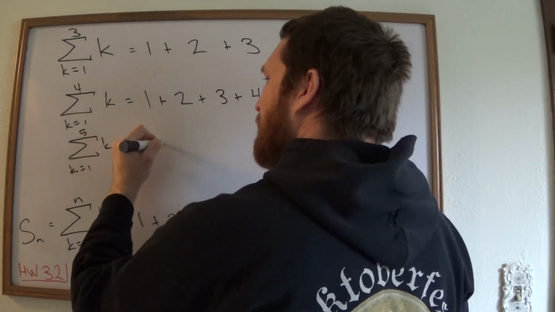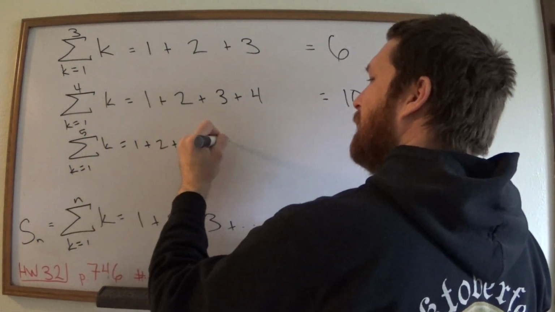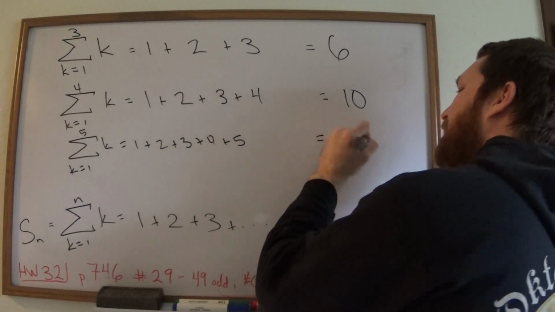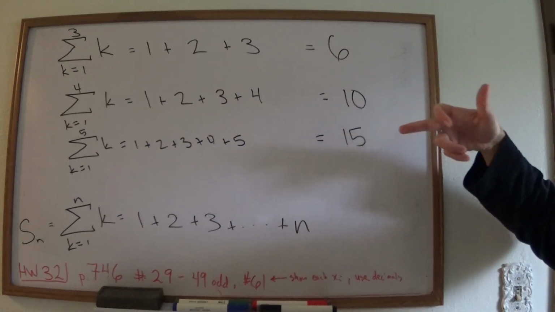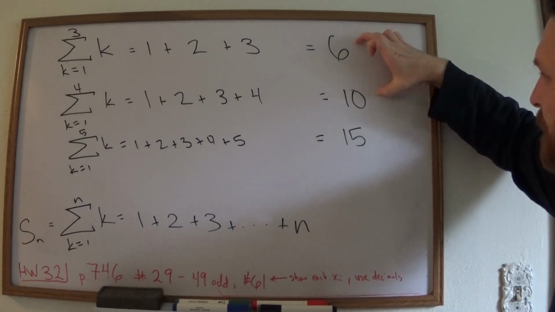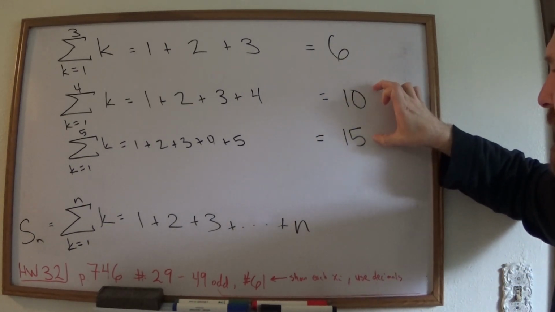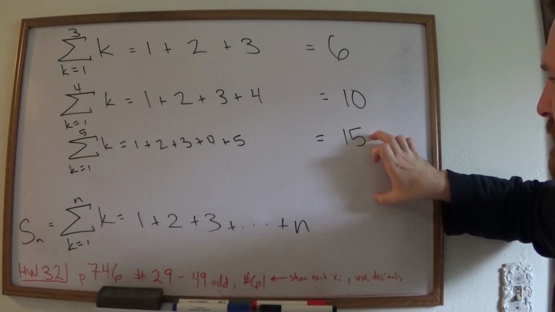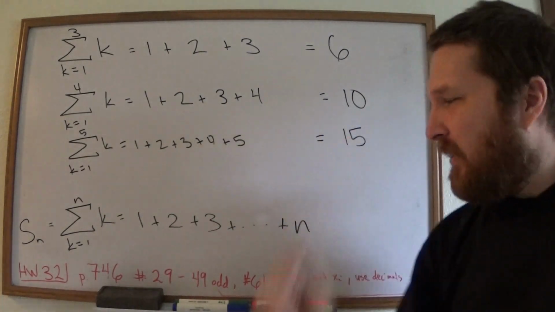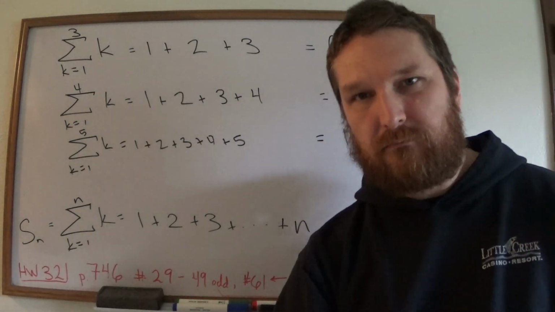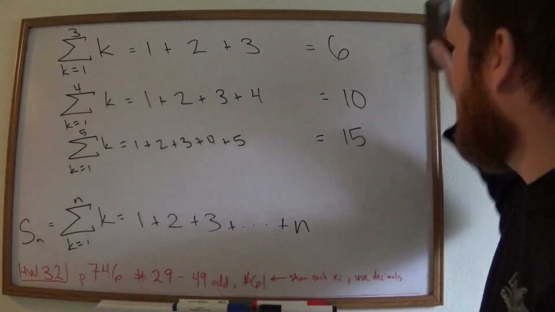Well, that's 1 plus 2 plus 3 plus 4 plus 5, which should be 15. It's not easy to see a formula here, right? A difference of 4 there, a difference of 5 there. Maybe it's a difference of 6 the next time, but how do I write that as a formula? Kind of hard. There is this really cool trick, and this is what I want to show you.